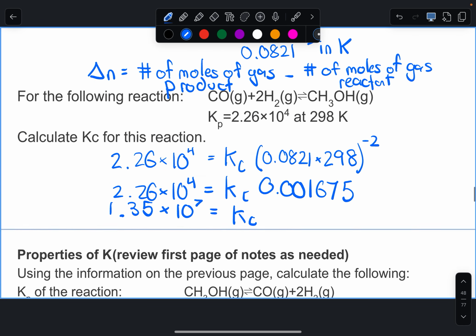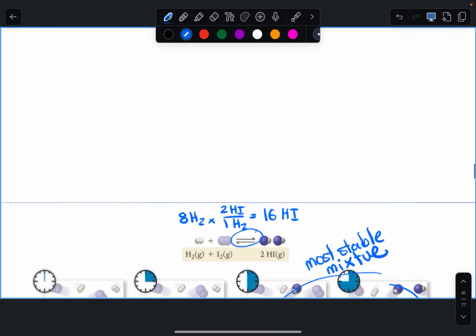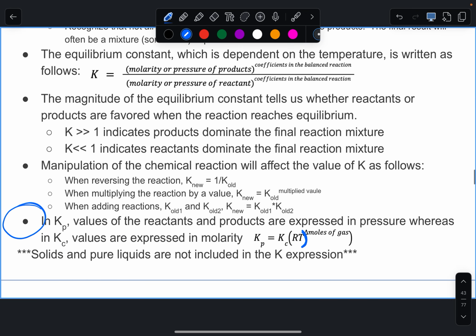Let me go up there because there's one bullet point you don't need to know. This one here. Okay, so this is what we're talking about right now. Manipulation of the reaction will affect the K. So you're not going to ever see this third one on the bottom. It's just these two that we're going to talk about.